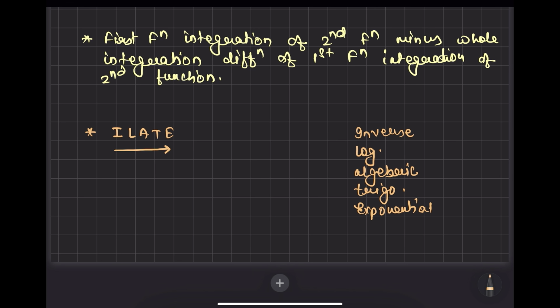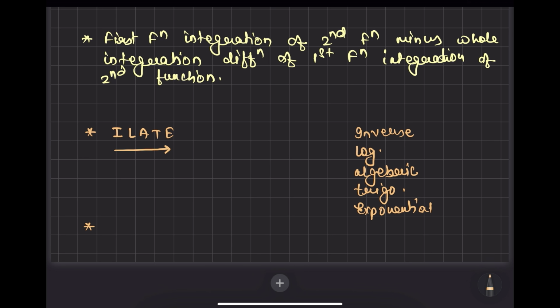Also you have to memorize this part. This part is super important. If you get trapped in some question, this statement will help you like a savior. So this statement you have to memorize.